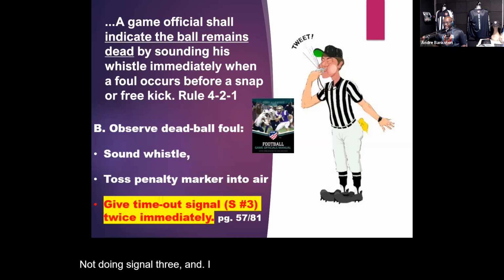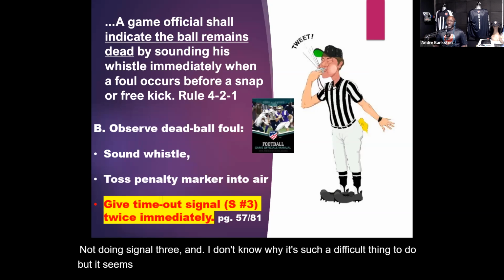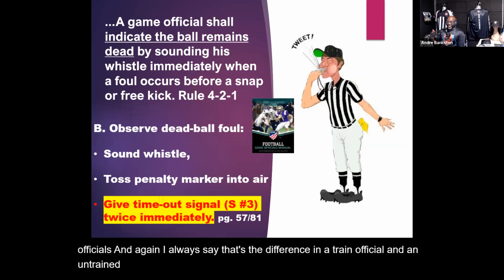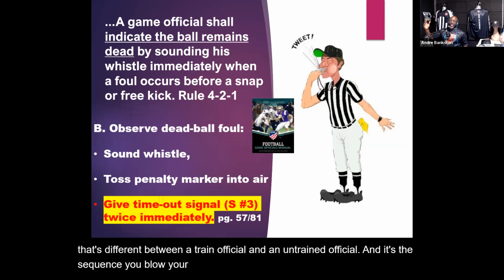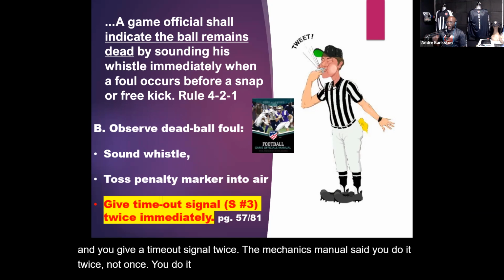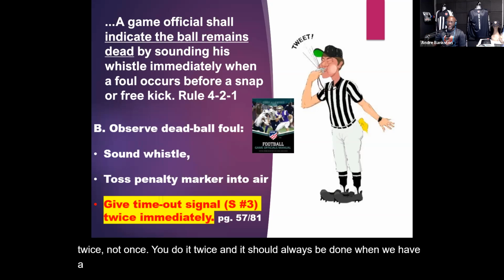I don't know why it's such a difficult thing to do, but it seems like it is when you look at a lot of different officials. And again, I always say that's the difference between a trained official and an untrained official. It's the sequence: you blow your whistle, you toss your flag in the air, and you give a timeout signal twice. The mechanics manual says you do it twice, not once. It should always be done when we have a dead ball foul. Even when the clock is not running, we use a stop clock signal.